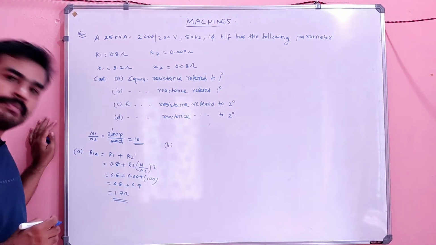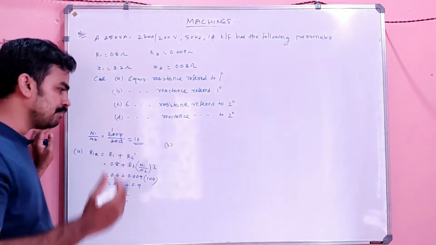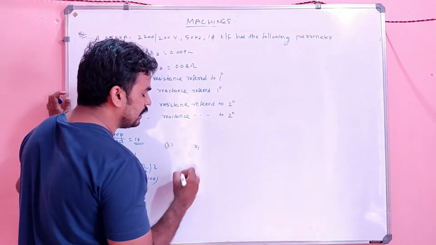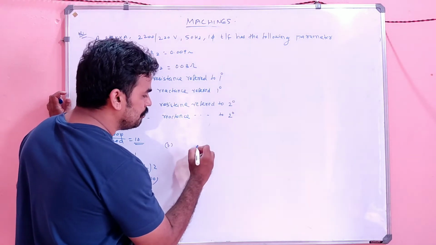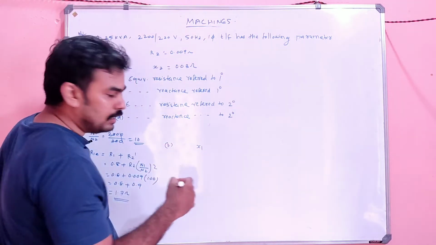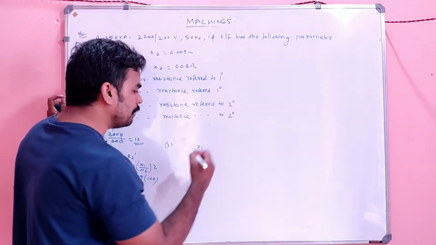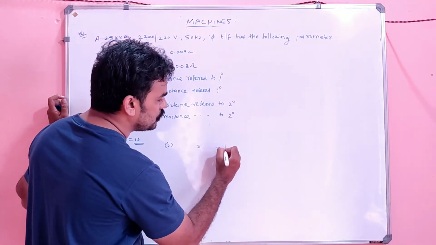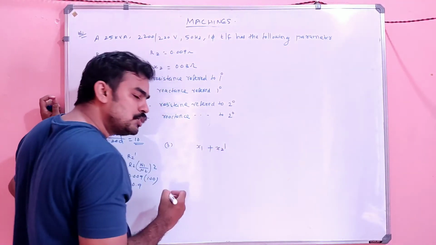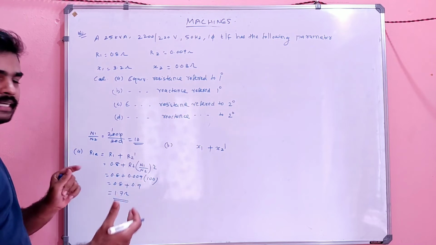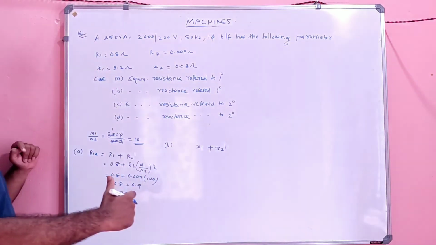Equivalent reactance referred to primary side. Equivalent reactance referred to primary side means initially there is some reactance, let it be X1, in the primary. So the secondary side reactance you have to transfer to the primary side. So it will become X2 dash. If you add this together in the primary, now in the primary there is one reactance, and the transferred reactance is also there, right?